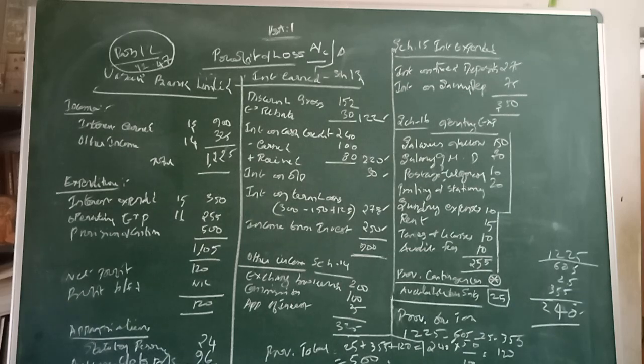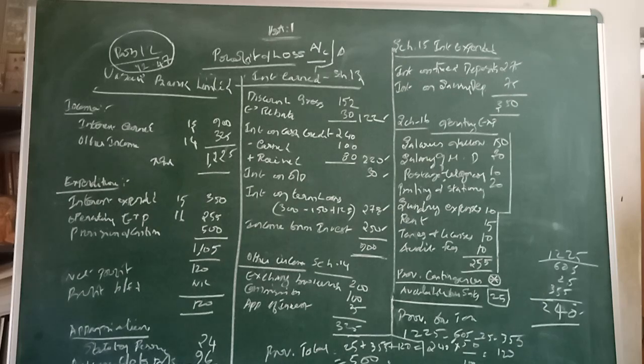Whereas if it is given as the only item, rebate on bill discounted, in additional informations, it is presumed, once again I repeat, it is presumed that it was already adjusted in schedule number 13. We should not give effect to that once again.